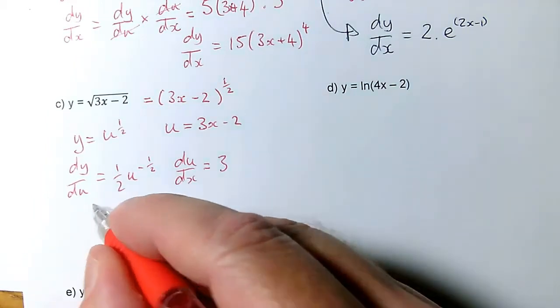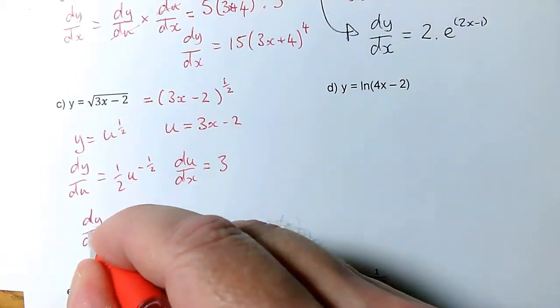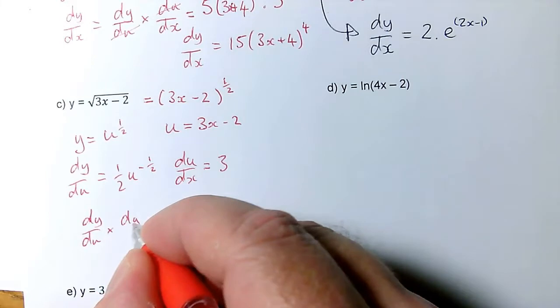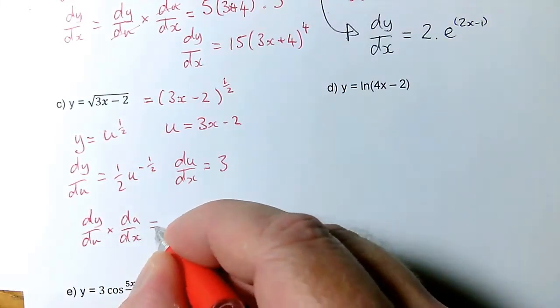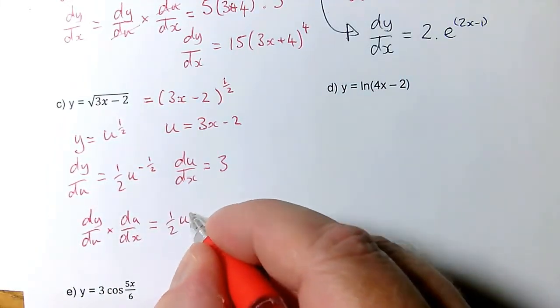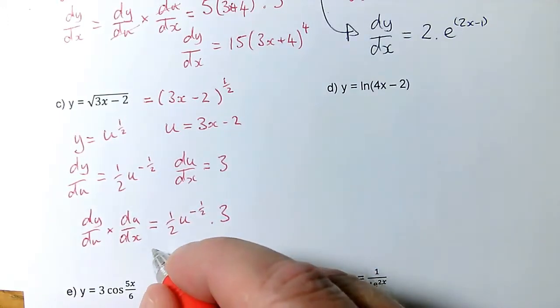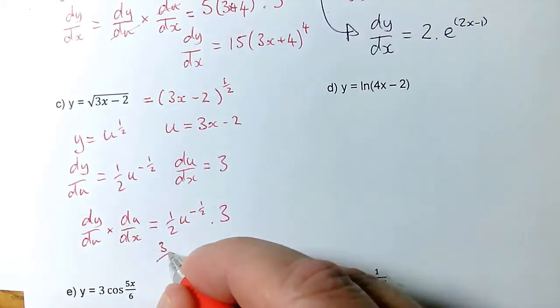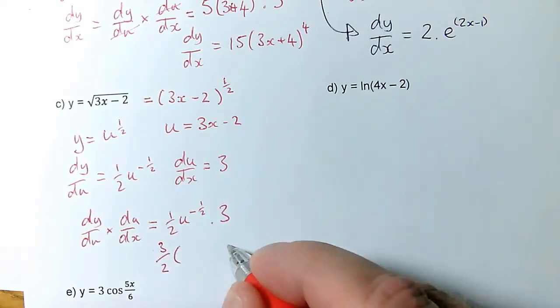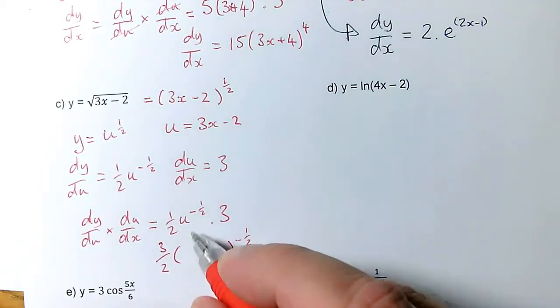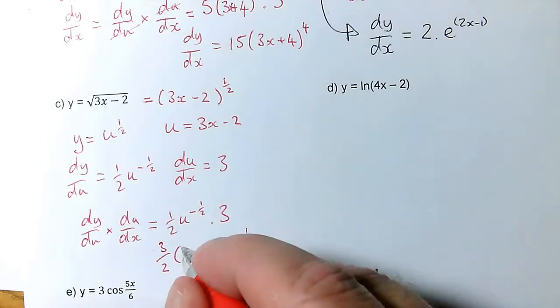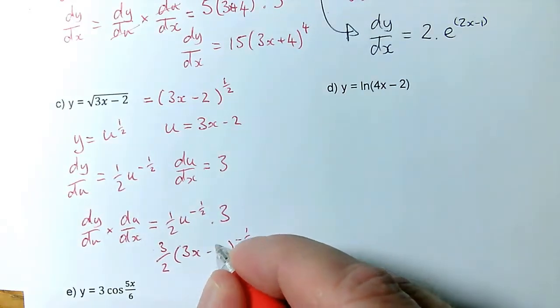So I'm doing dy by du times du by dx, which is what the chain rule says I have to do. It gives me a half u to the power of minus a half times my 3, which is 3 over 2 times a bracket to the power of minus a half, where the bracket is u and u is 3x minus 2.